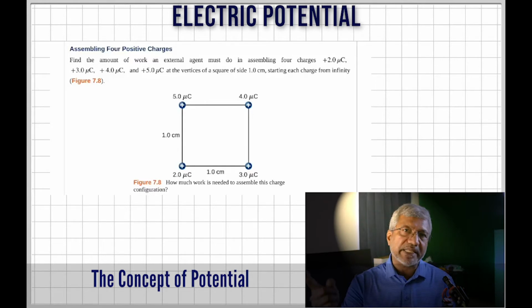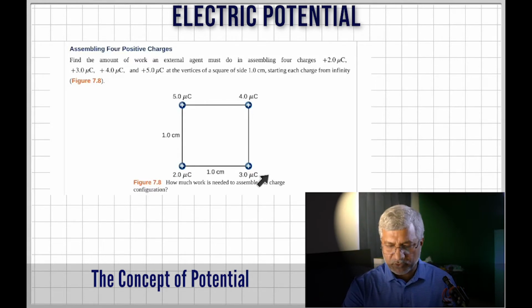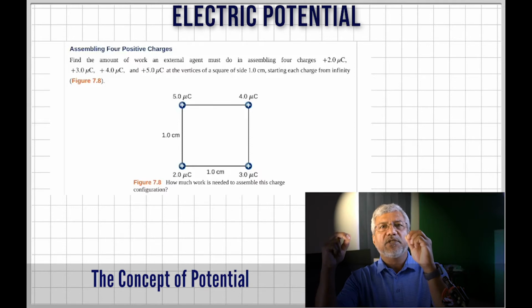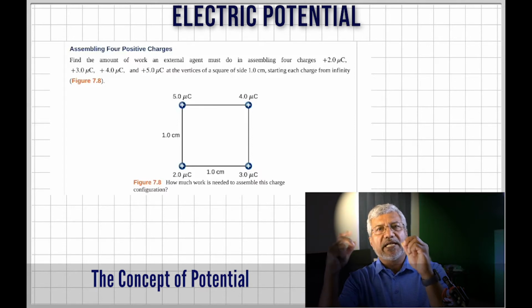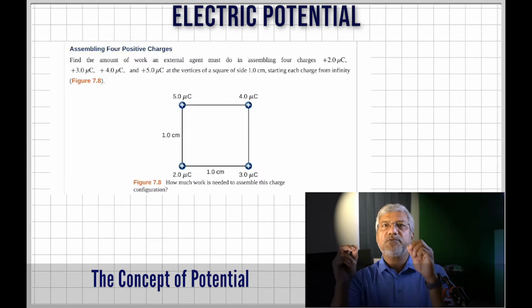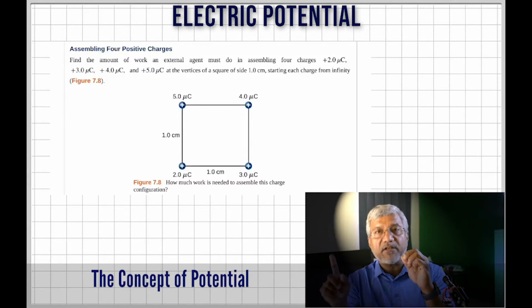But when we bring the next charge, for example, the 3 microcoulomb, we will have to do work against the force of repulsion of the 2 microcoulombs. So you have the 2 microcoulombs here, you're bringing the 3 microcoulombs, you will have to do work against this charge, right? But when we bring the next one, like the 4 microcoulombs, we will now have to do work against both 2 and 3.